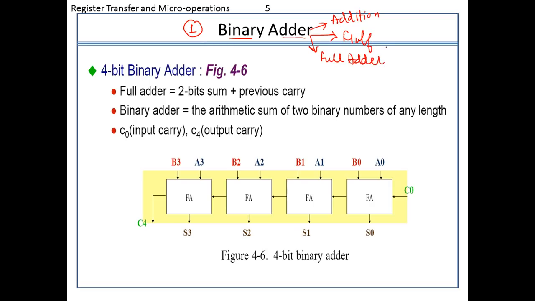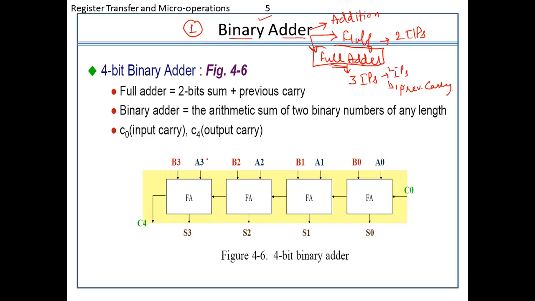The half adder works on two inputs, and the full adder works on three inputs. Two inputs are the bits, and one is the previous carry that we consider in the case of full adders. So, mostly we will work with full adders only in the case of binary adder.